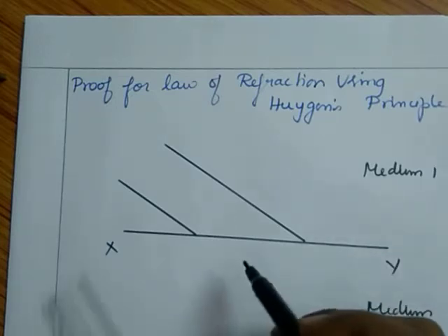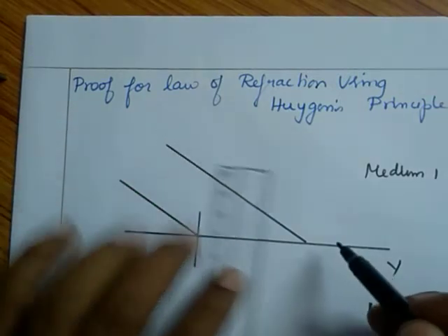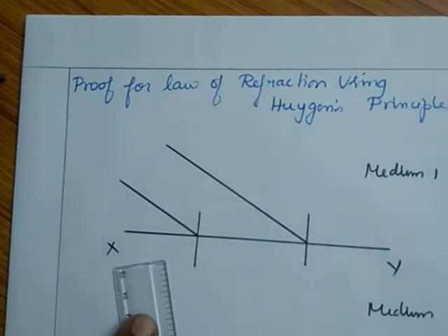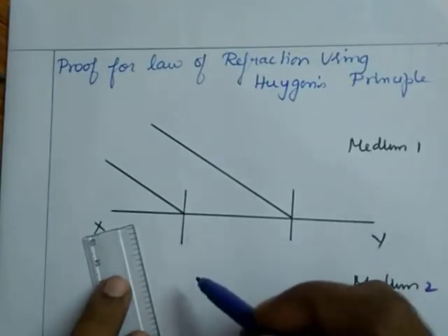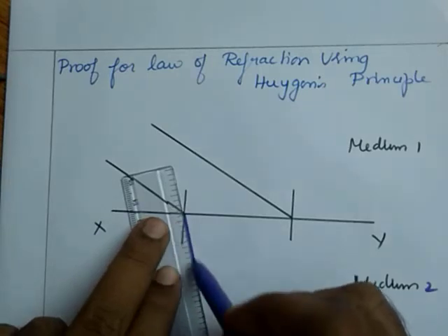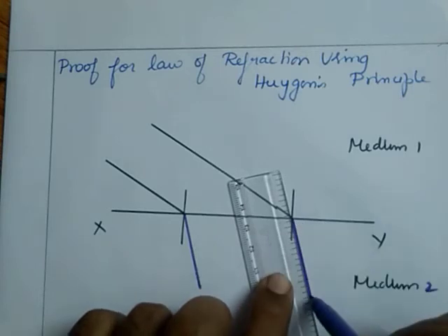So at that point I draw a normal. Here also a normal. We know the ray of light travelling from rarer to denser medium will bend towards the normal. Then there will be refraction. Here also refraction.